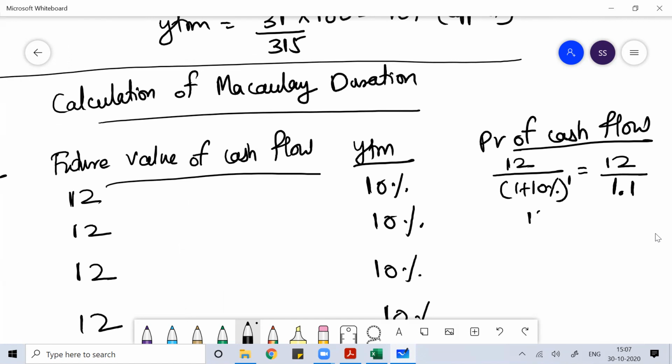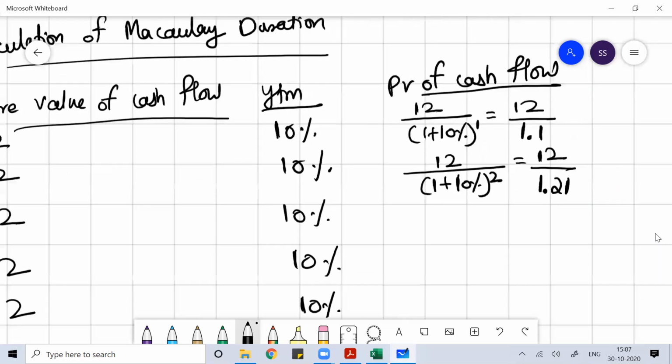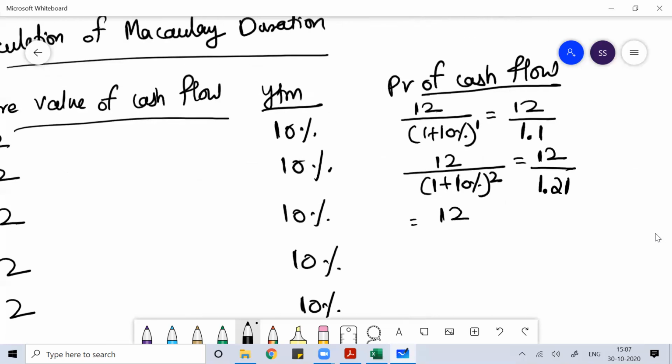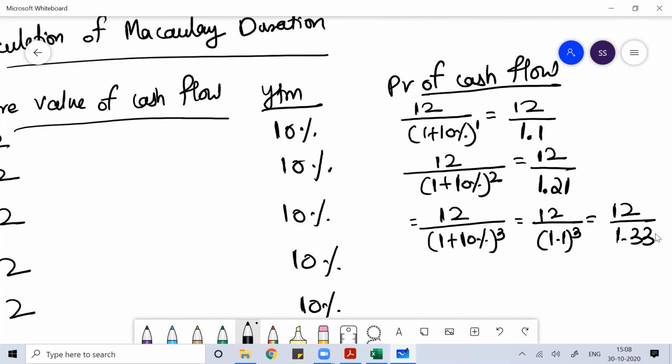Then 12 divided by 1 plus 10% for year 2, that would be 12 divided by 1.21. Then 12 divided by 1 plus 10% for year 3, that is 12 divided by 1.1 to the power 3.